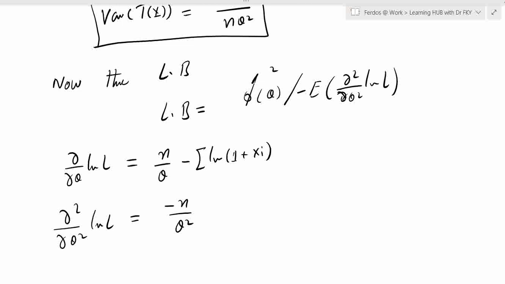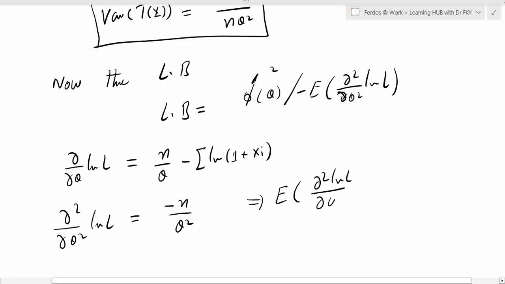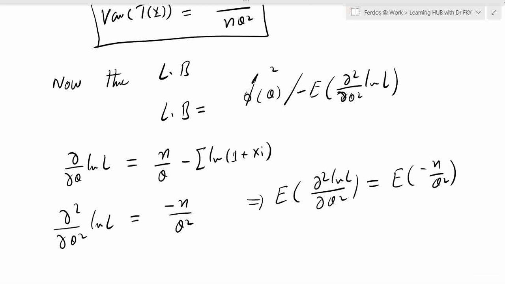And of course, you can take the expectation. This is equal to the expected value of minus n divided by theta square. So this is again equal to minus n divided by theta square, because these are constant.